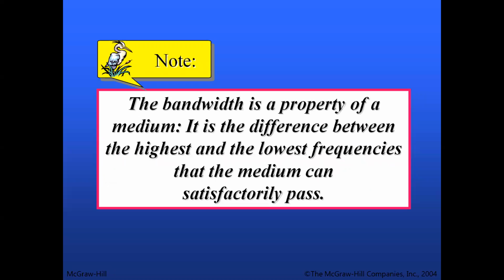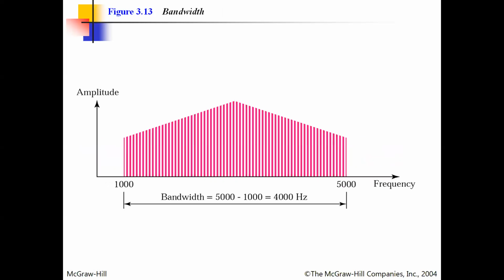The bandwidth is the property of a medium. It is the difference between the highest and lowest frequency that a medium can satisfactorily pass. Highest frequency and lowest frequency, এই দুটোর ডিফারেন্স আমরা নেক্সট এক্সাম্পলটাতে দেখবো.